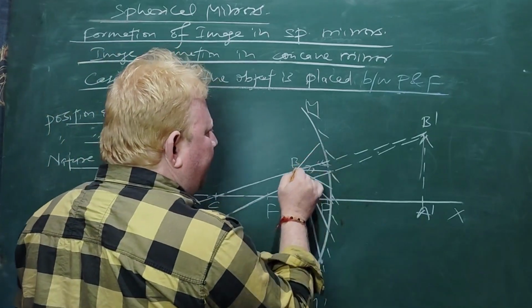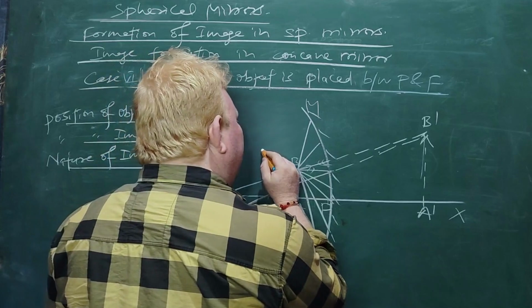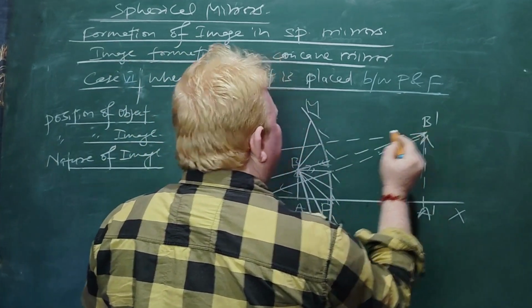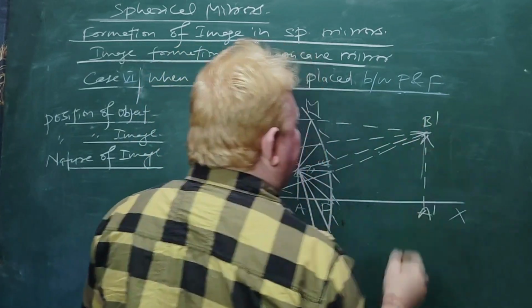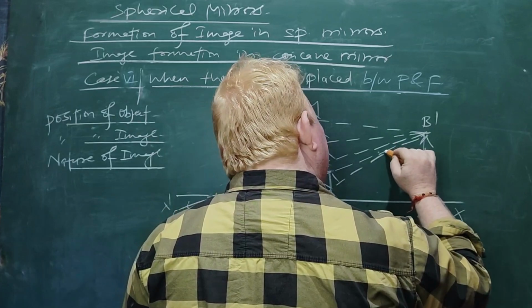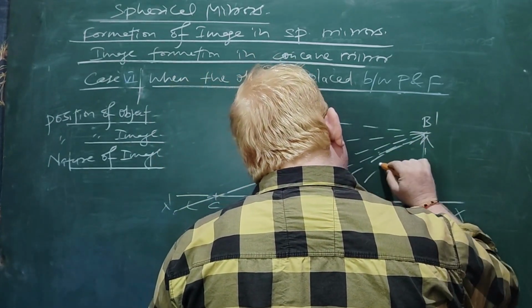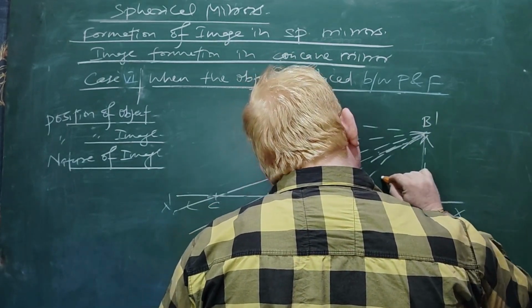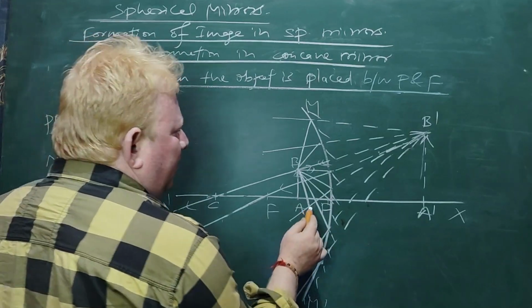And this ray, okay, after reflection all the light rays will be meeting exactly after tracing the rays behind the mirror only, behind the mirror only, okay, where an image will be formed.